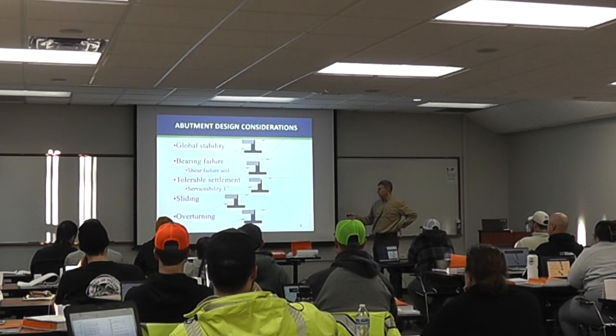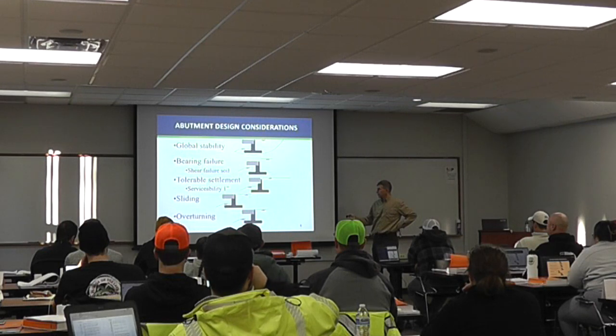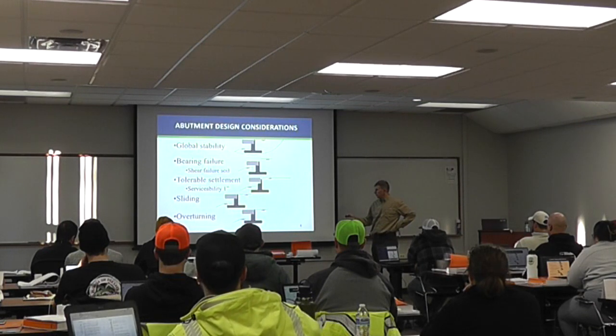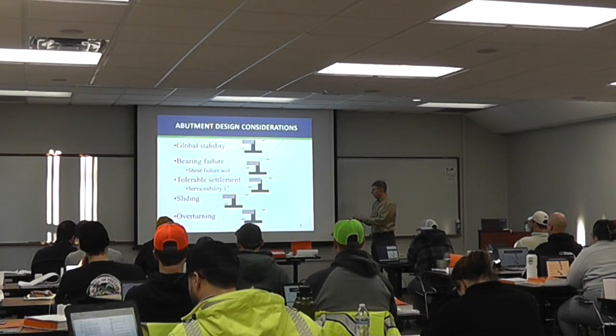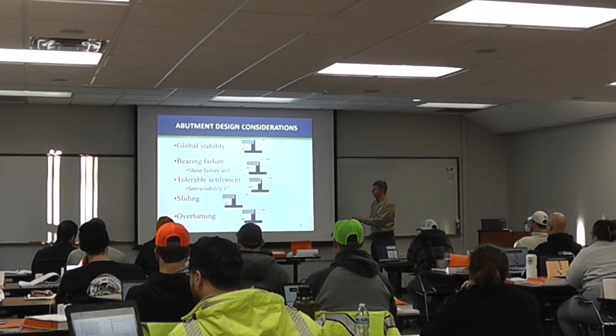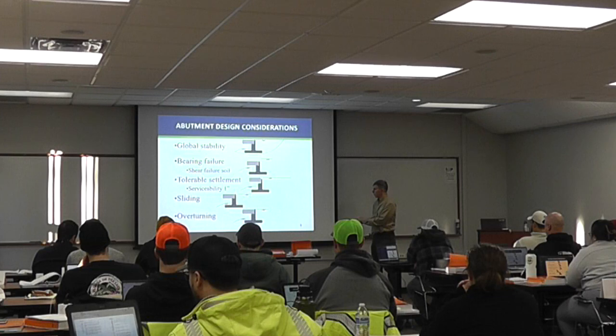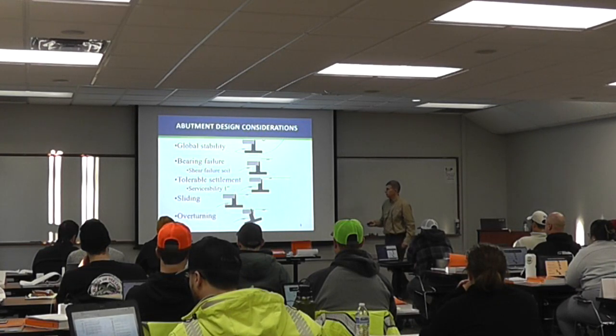And then sliding, as we can imagine, that's going to mean the abutment goes forward. So again, there's a lot of lateral force that's coming from the soil, and it's trying to push that way. And so sometimes it would slide, and sometimes this one's going to show overturning. That same force would cause the abutment to overturn.